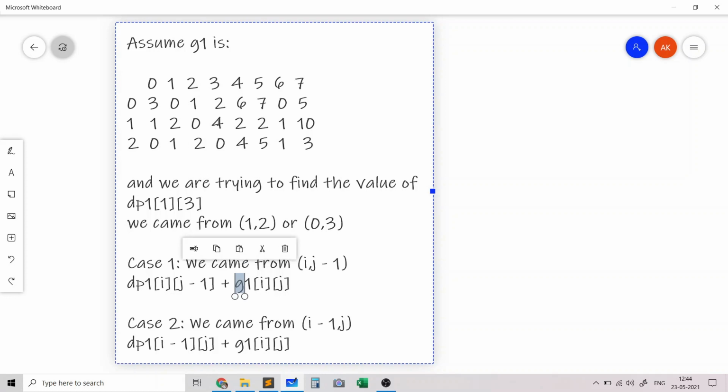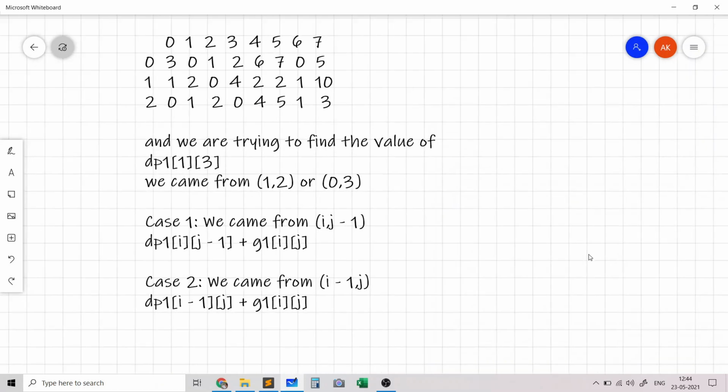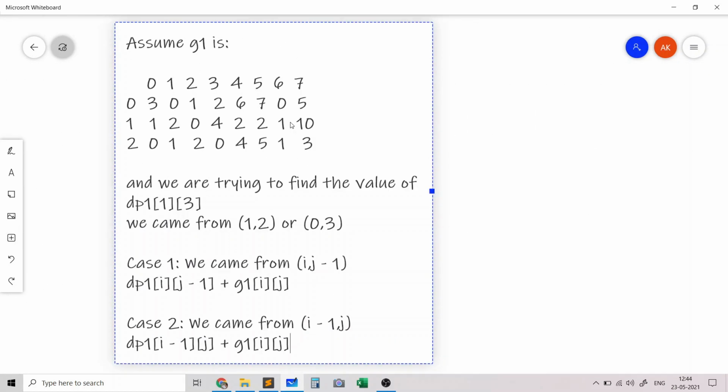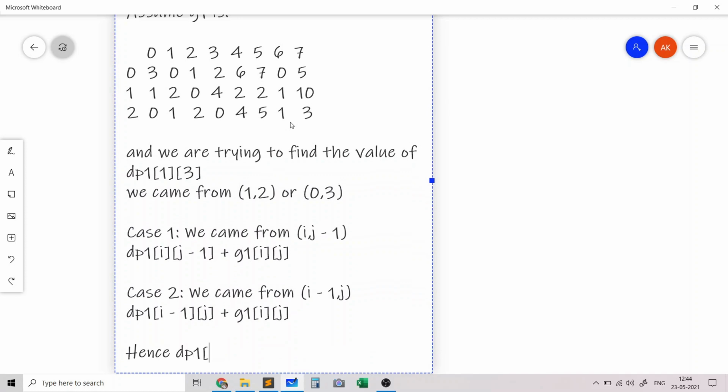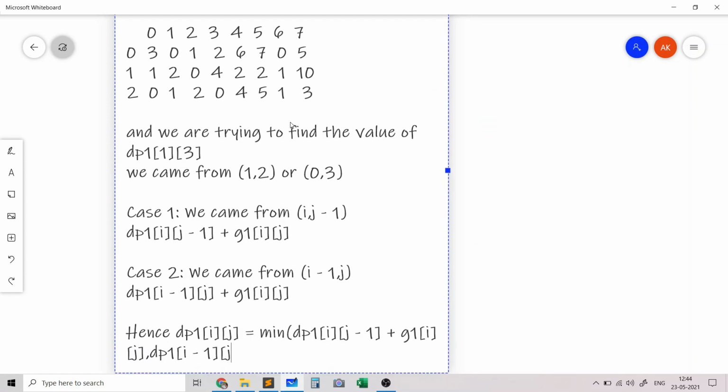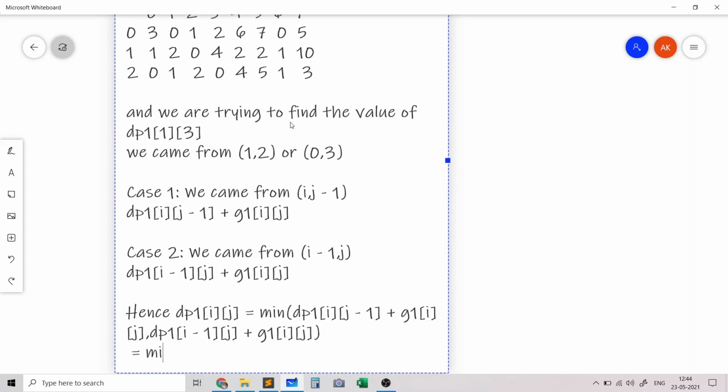So just to remind you that all these values in g1 are the highest powers of 2, and hence these are the two cases. So now it should be obvious what the recurrence for dp1 ij would be. So hence dp1 of ij is just the minimum of dp1 of i, j minus 1 plus g1 ij, and dp1 of i minus 1, j plus g1 ij. And you can simplify it a bit more, although it's not needed.